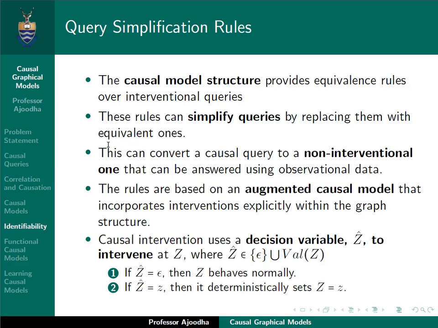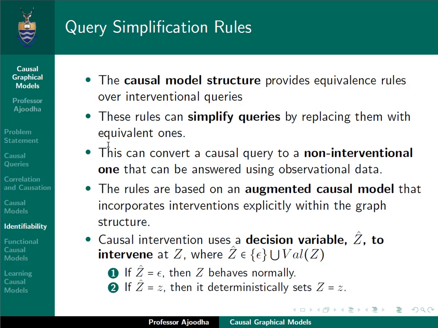Okay, so the broad idea here is that graphical structure now gives us algebraic power, because with these augmented causal models, with the Z hat, we can use a very structured language to isolate particular scenarios, and with those apply these rules, which I'm going to show you now.